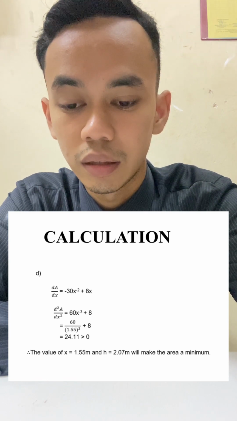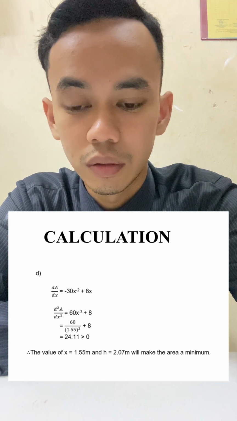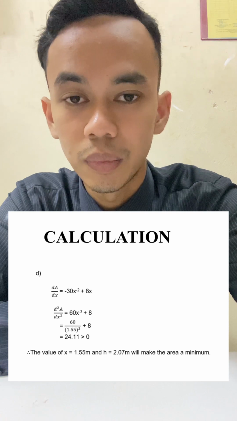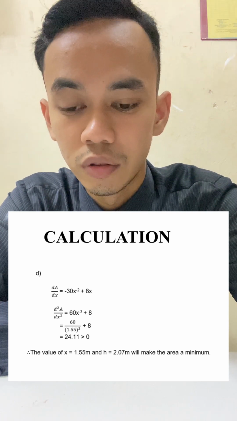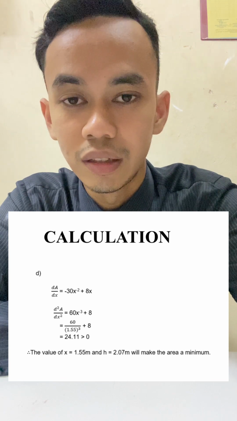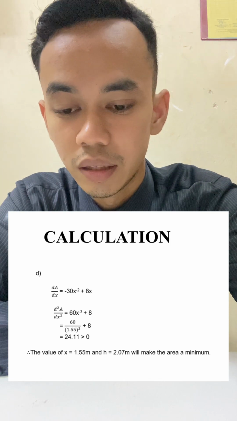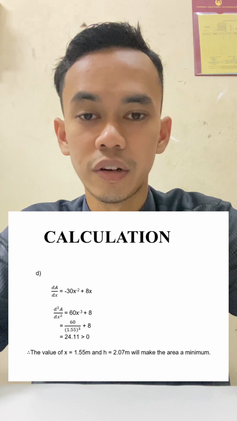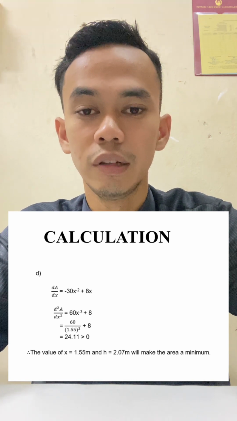From that equation, I simplify it into 60 over x cubed plus 8, and then I substitute the value of x into the equation, and the final answer is 24.11, which is greater than 0. So lastly, the value of x is 1.55 meter and h equals 2.07 meter, which will make the area a minimum.